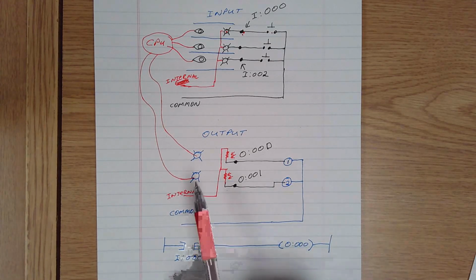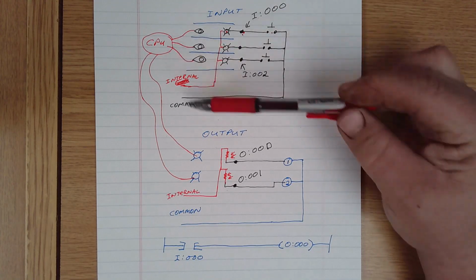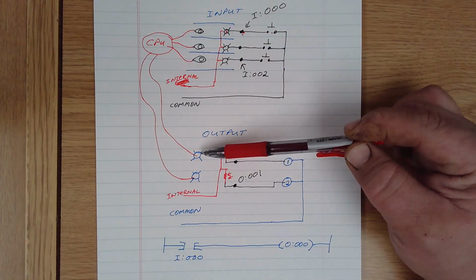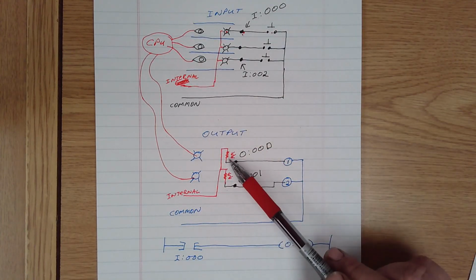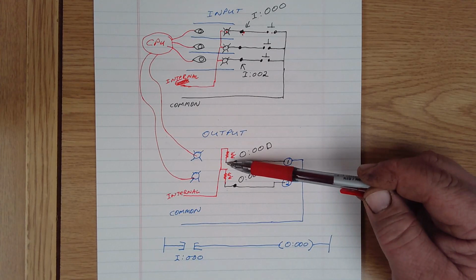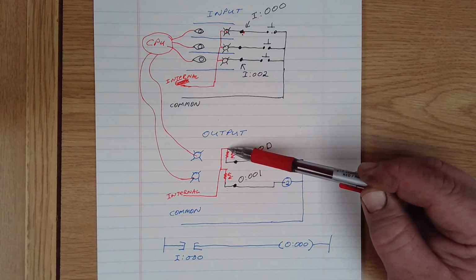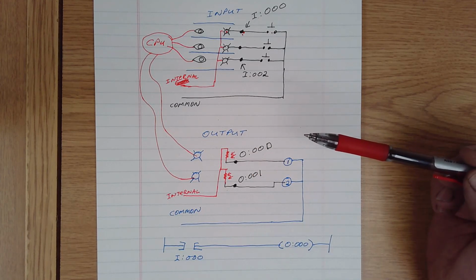Outputs work exactly the same way, but in reverse. The CPU lights a set of lights. Each light is shining on a light-dependent resistor, so this resistor has a really high resistance when it's dark. As soon as light shines on it, the resistance goes down to nothing.